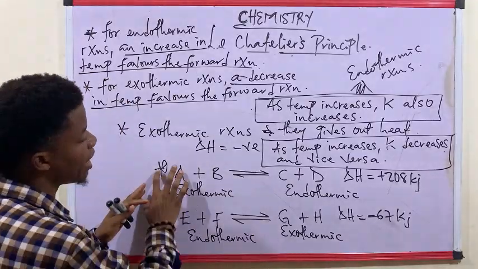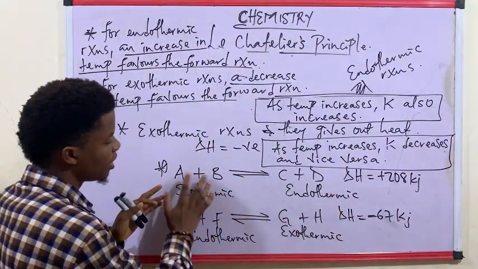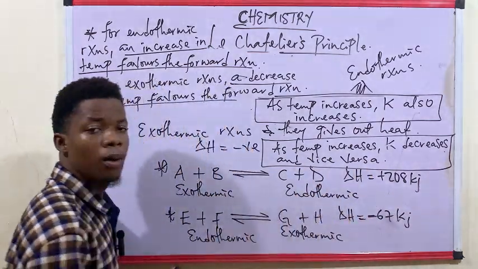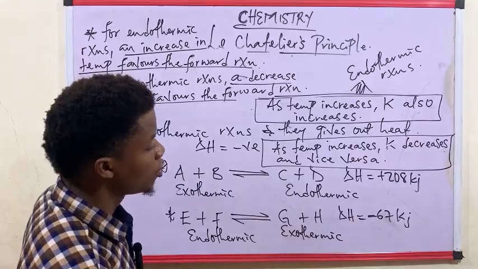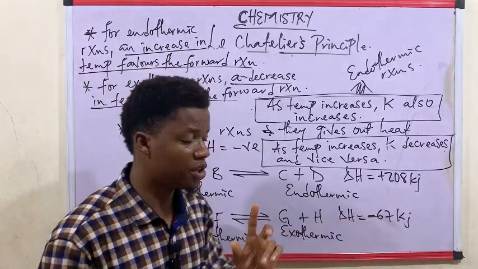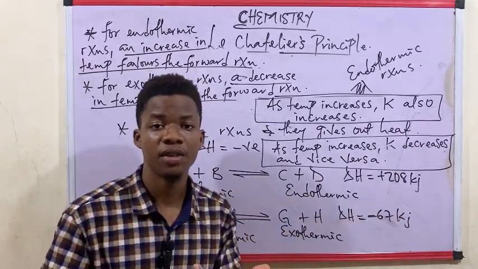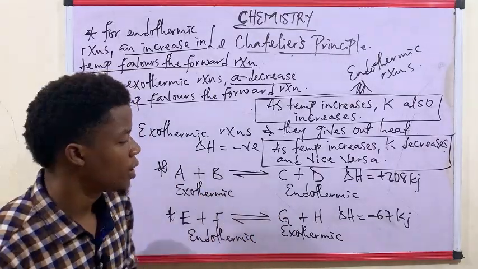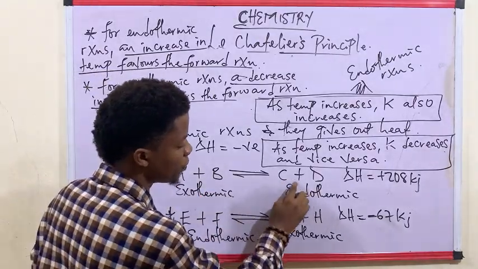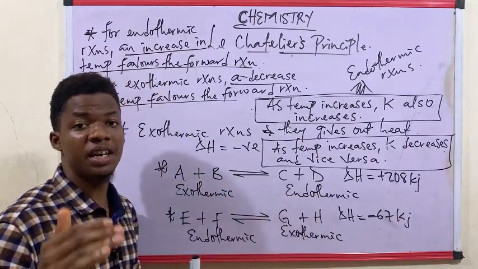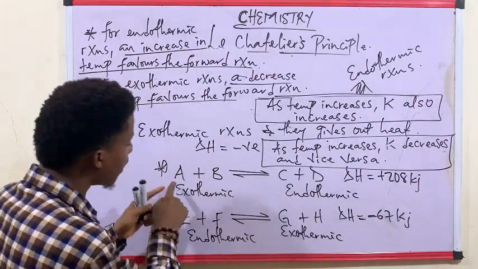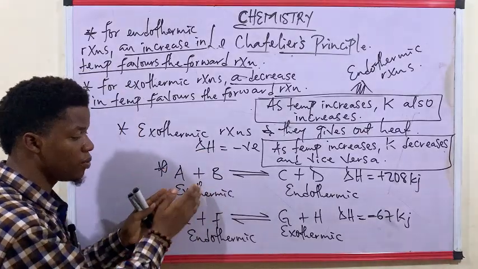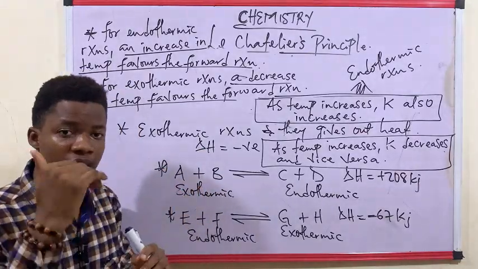So this entire reaction is positive. When we increase our temperature, for C plus D, which is endothermic, the K would increase. But for A and B, which is exothermic, the K will decrease.